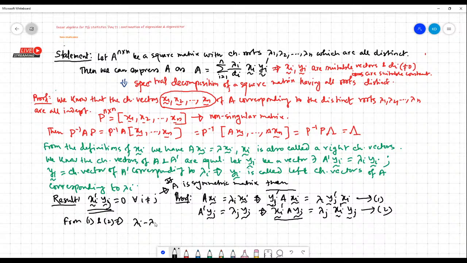we write lambda i lambda j xi curl prime yj curl equals lambda i lambda j... because xi curl prime yj equals yj curl prime xi. This is equal to 0.